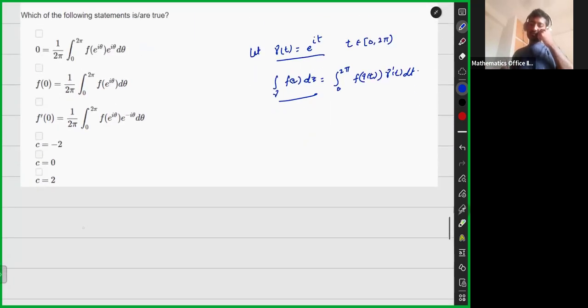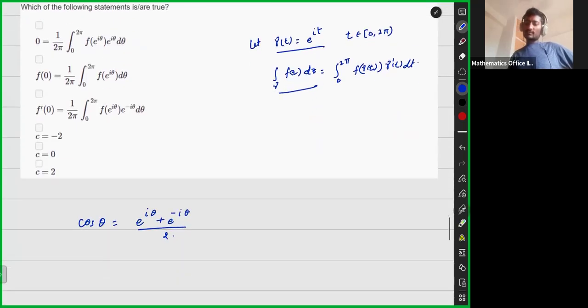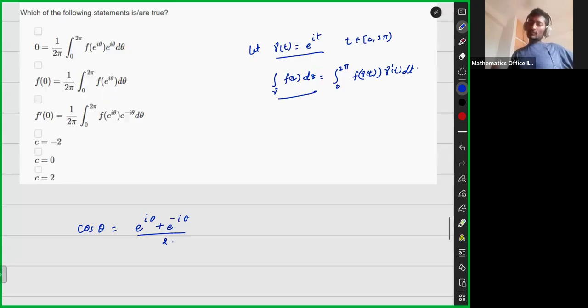If you remember, cos theta is defined as e power i theta plus e power minus i theta divided by 2, right? So what we are going to do is calculate cos square theta by 2. In place of theta, we put theta by 2 and take the square.